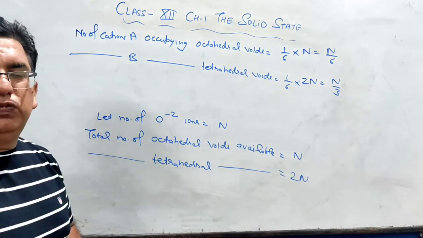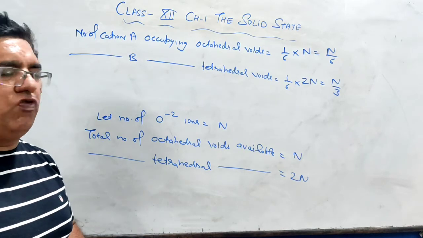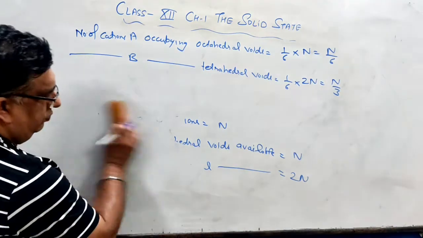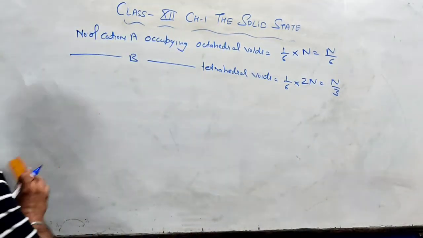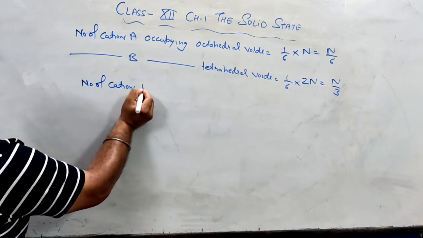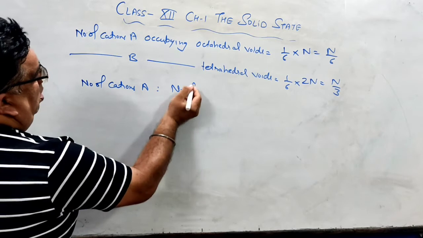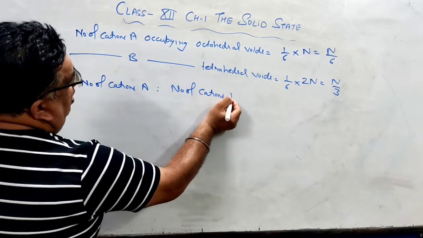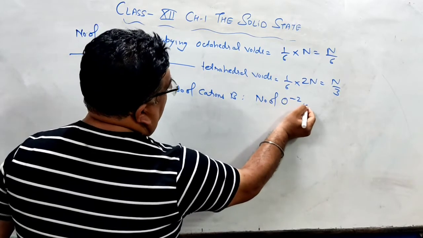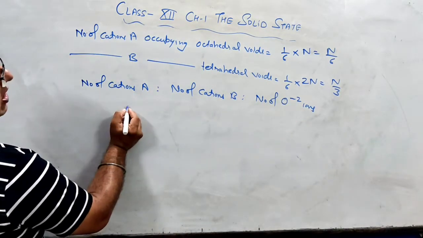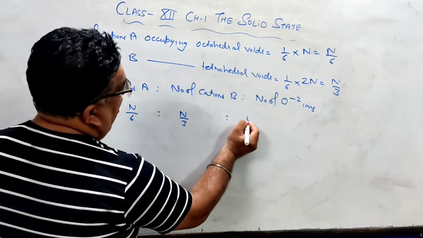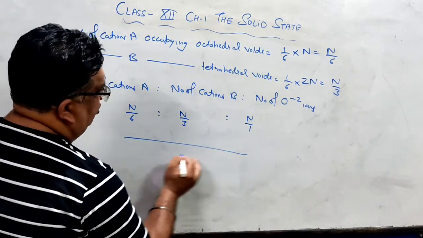न्यूट्रल कंपाउंड के केस में हमें एटम्स की रेशियो, एंड इन द केस ऑफ फाइनल कंपाउंड कैटायंस एंड अनायंस हमें उनकी रेशियो लेनी है. So number of cations A ratio number of cations B ratio number of oxide ions. So cations A are n/6, cations B are n/3, and they are n, LCM 6.